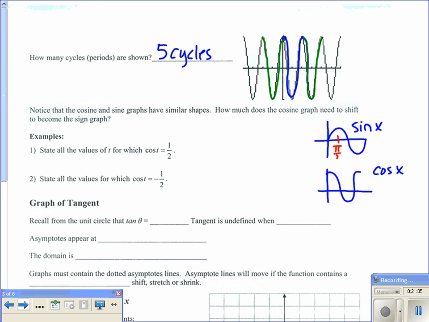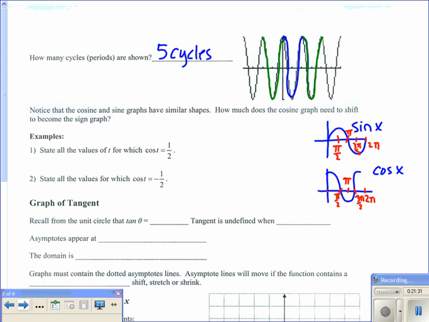So this would be pi over 2, this right here is pi, and then we have 3 pi over 2, and this is 2 pi, and then down here we have 0, and then of course this right here would be pi over 2, and this would be pi. This right here is 3 pi over 2, and then back to the maximum would be 2 pi. I know it's not a very good graph, but just in general.